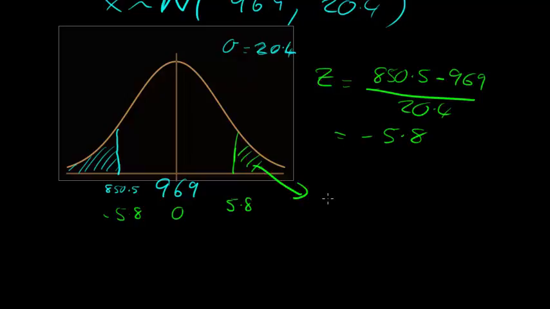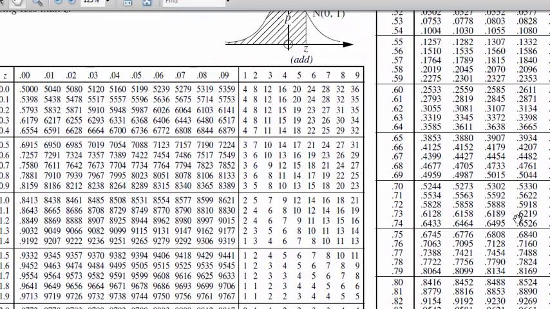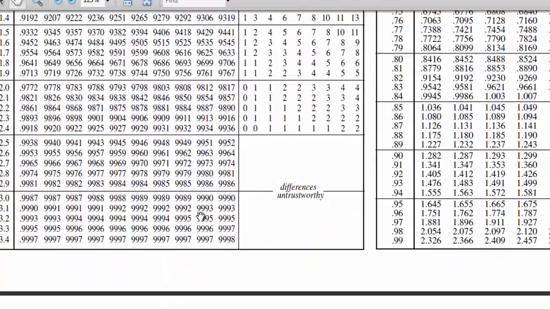So to work out this area, I'm going to do 1 minus phi of 5.8. If we look in our formula book, we shouldn't really have a z value that high, and there we go. We only go up to 3.4, and in fact the probability comes out to be something like 1 over 100,000. So effectively, it really is quite unlikely that this was just a random sample.